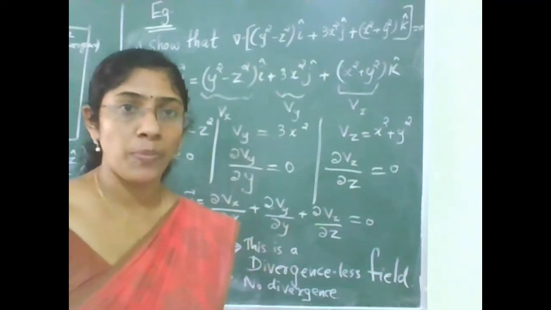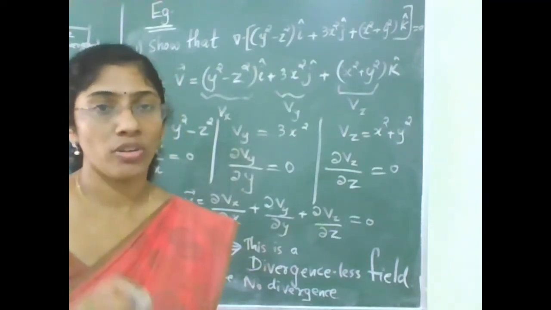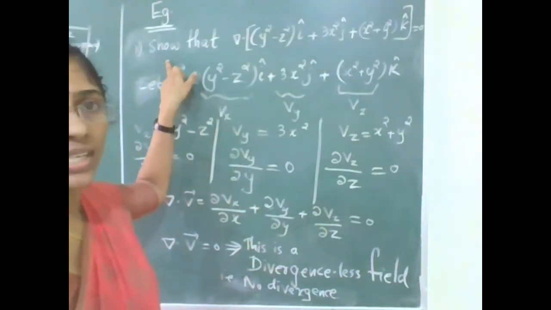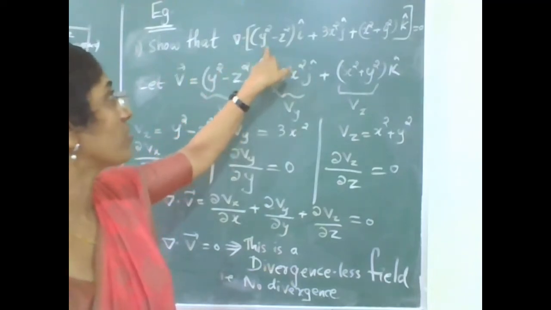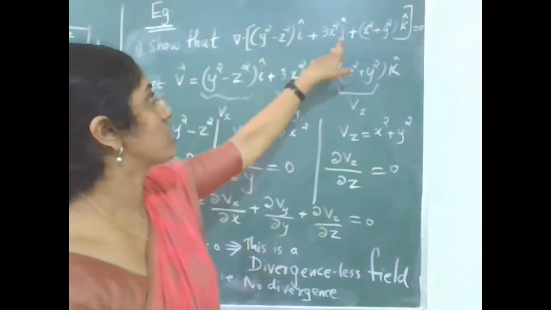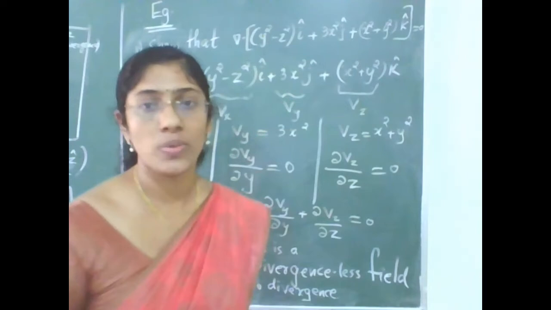Here I am explaining an example for calculating the divergence of a vector function. The question is: show that del dot the vector function, y square minus z square i cap plus 3x square j cap plus x square plus y square k cap, is equal to 0.